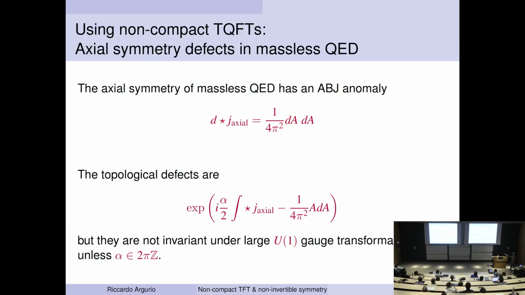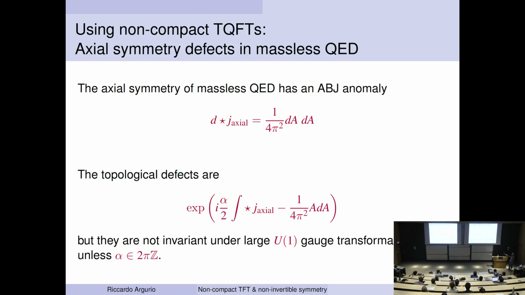So let's see a first use of this kind of non-compact TQFTs. Let me talk in more detail about massless QED. Massless QED has an ABJ anomaly. This equation featured several times this week until now. It means that the axial current is not conserved, but I can try to make a topological defect by bringing the right-hand side to the left-hand side.